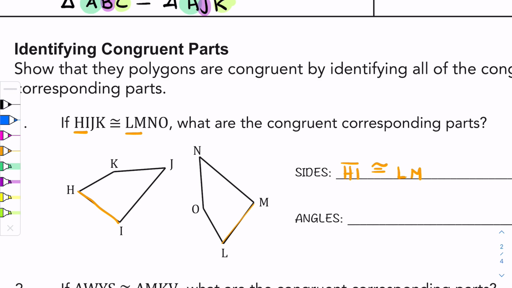After I do HI and LM, I can do the next two letters, which would be IJ and MN.